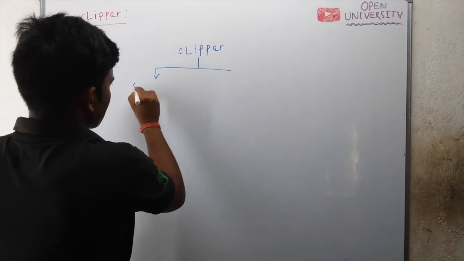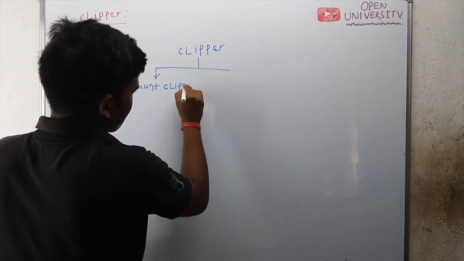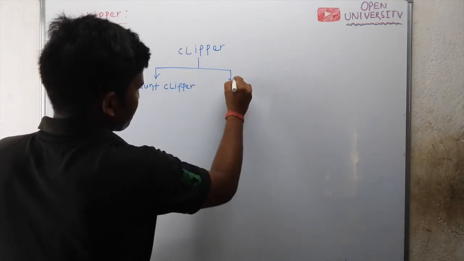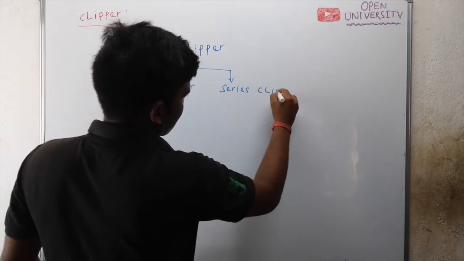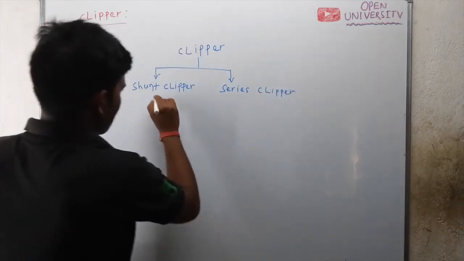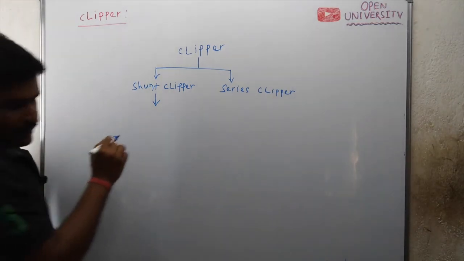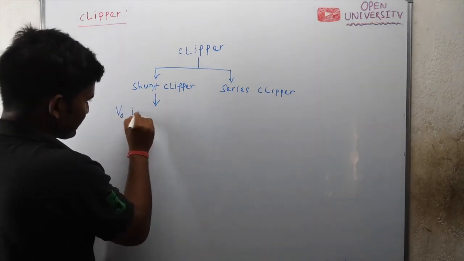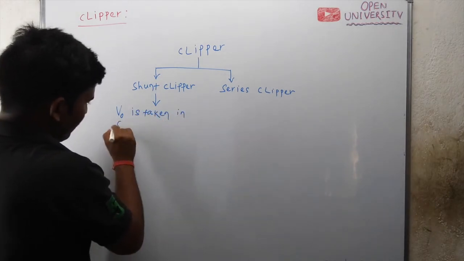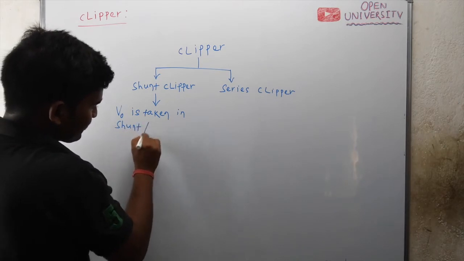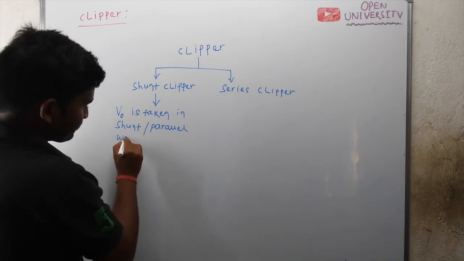One is called a shunt clipper and another is called a series clipper. Shunt clipper means the output V0 is taken in shunt or parallel with the diode.